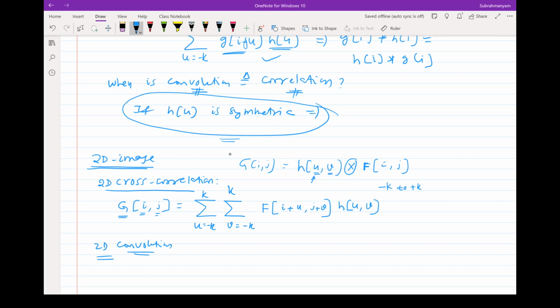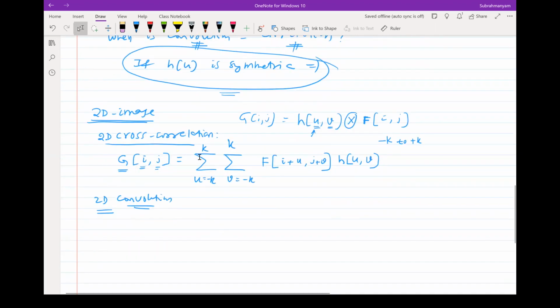Okay, to distinguish it from cross correlation, let me call the resultant G dash. Don't ask me why I want to do convolution, just for the sake of doing it. Then you tell me what the convolution expression would be. How would that be different?